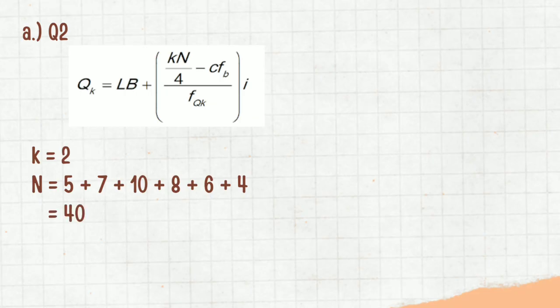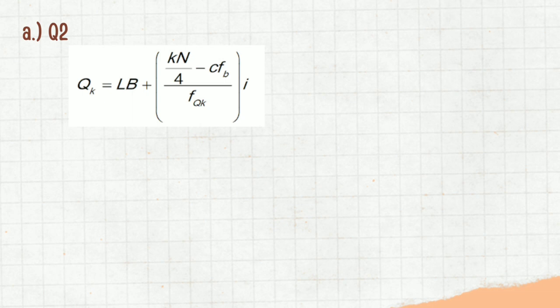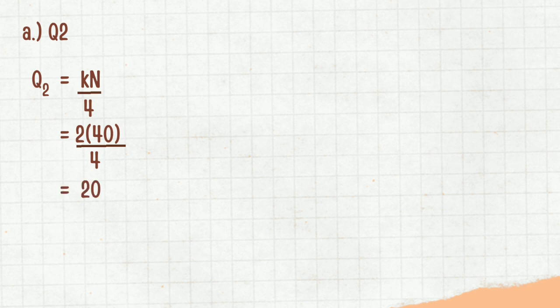And next, we will have to do this first: kN over 4. It is to identify to which class the second quartile belongs. So Q2 is kN over 4, where k is 2 and N is 40, divided by 4, equals 20. So we got 20.